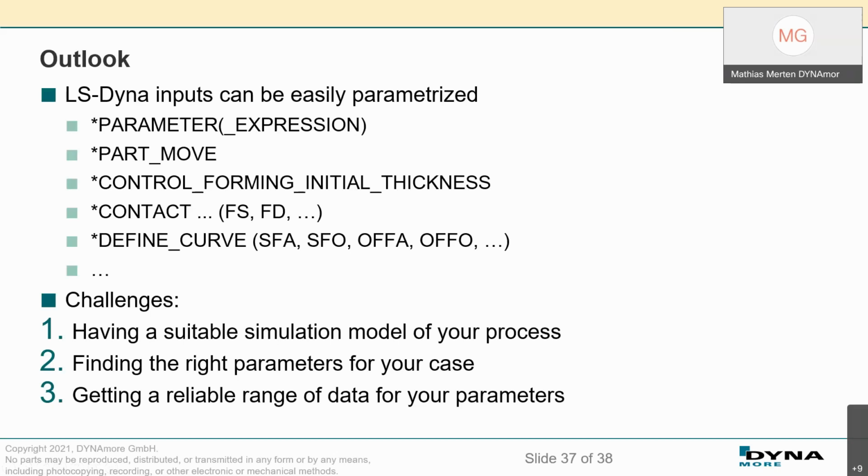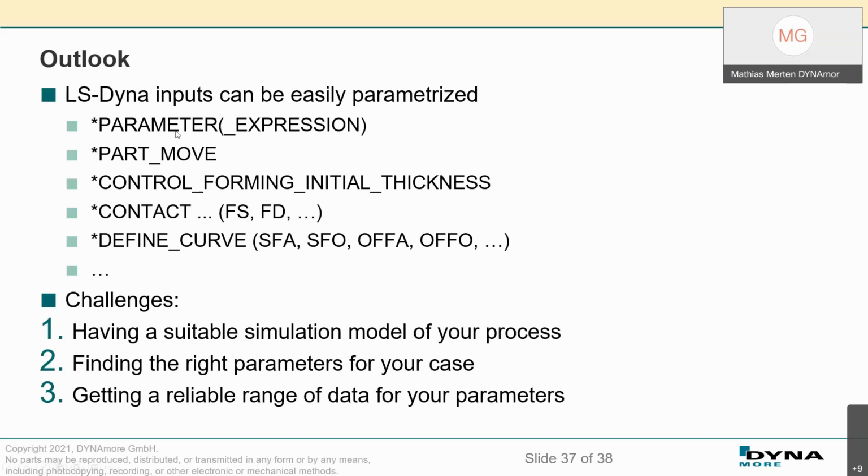Of course, also the friction coefficients. Usually we use constant friction, but LS-DYNA, as you know, is also capable of using friction coefficients as a function of contact pressure and relative velocity. But you can also parameterize that and have access to it with LS-opt if you have the data available.